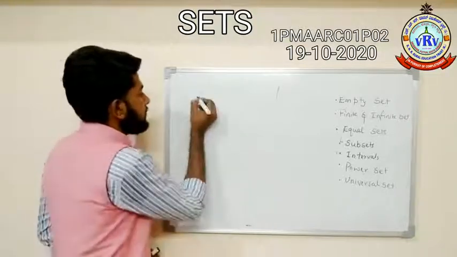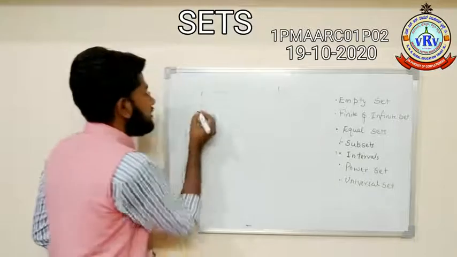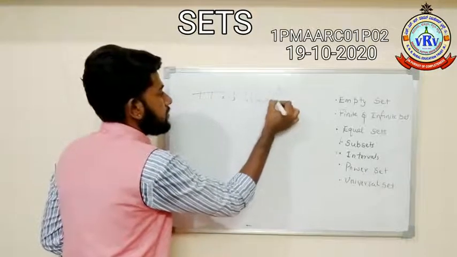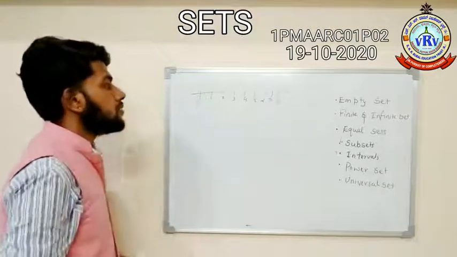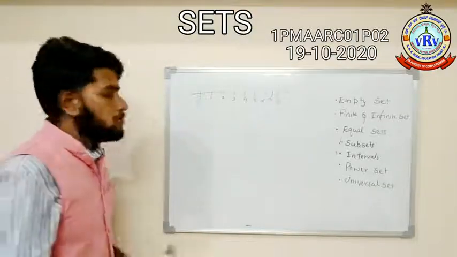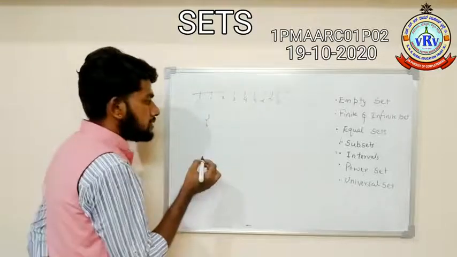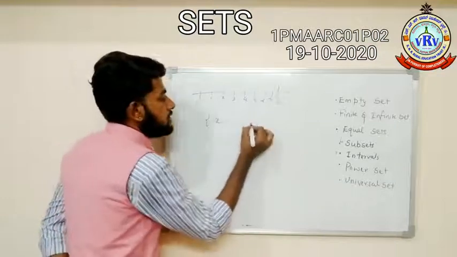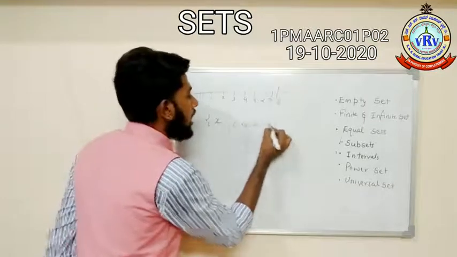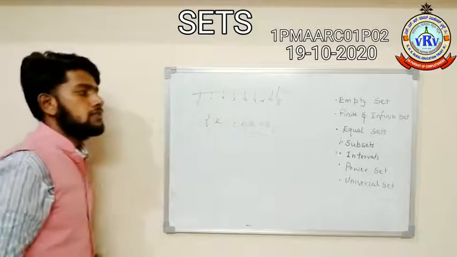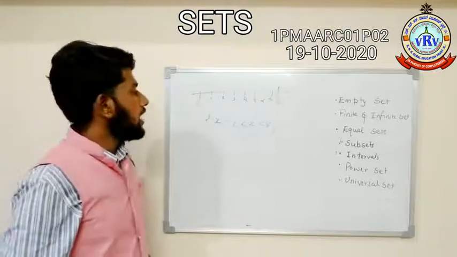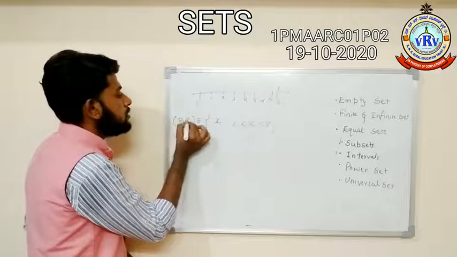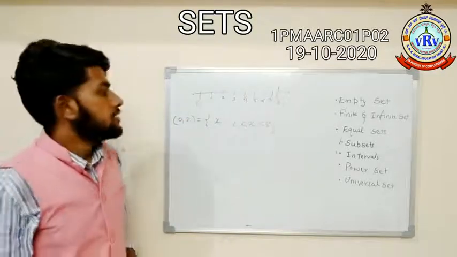Let me take this number line: 0, 1, 2, 3, 4, 5, 6, 7, 8. If we write the set as the set of all x which lie between 0 and 8, then this is the interval between 0 and 8.